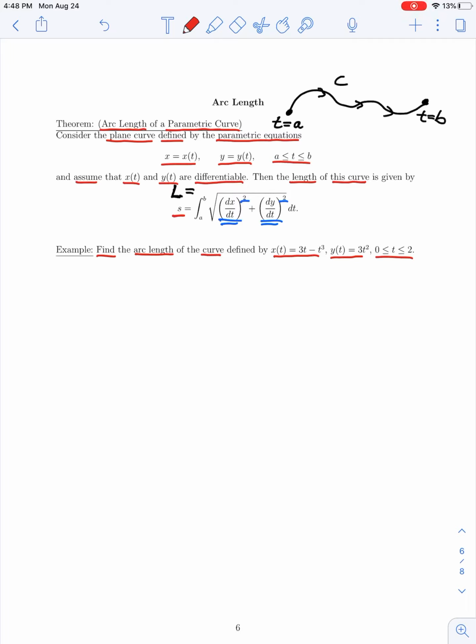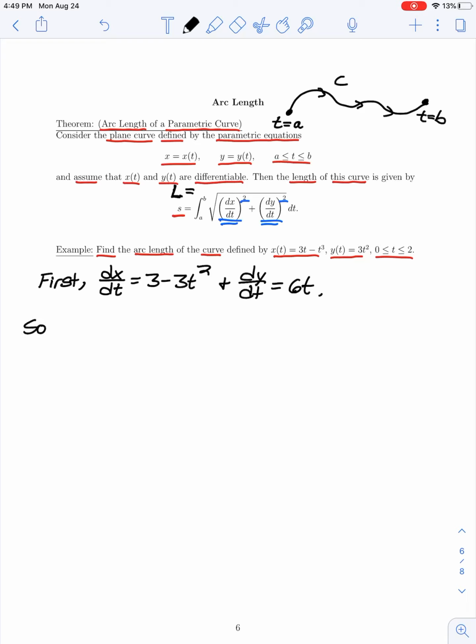Here we will start by finding our derivatives of these parametric equations. dx dt is equal to 3 minus 3t squared, and the derivative of y, dy dt, is equal to 6t.